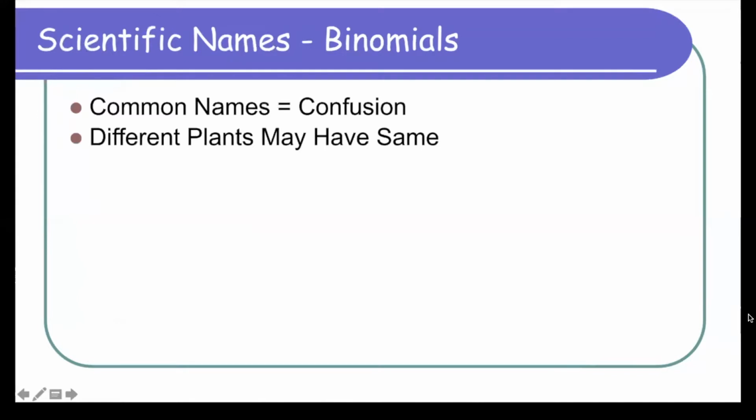Scientific names will also give you the ability to talk about different plant species to anyone across the world. You say the scientific name in its Latin form versus the common name, because a lot of people have different common names for certain plant species depending on which geographic location you're in.